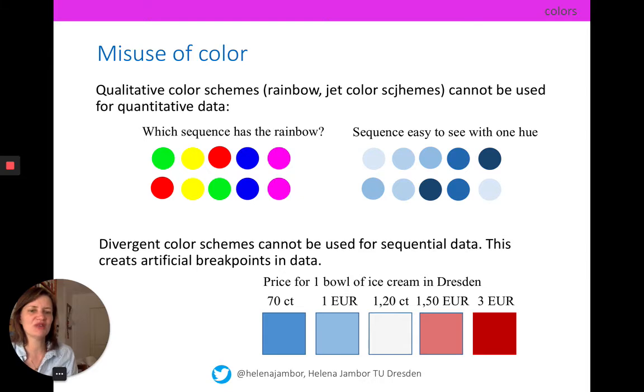It could also mean something completely different, which is that the red is ice cream that I love and the blue is ice cream that I hate. If you do not want such a second meaning from a diverging color scheme, usually what you should use in this case is one color that you vary by saturation only.